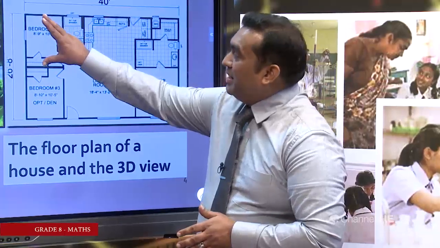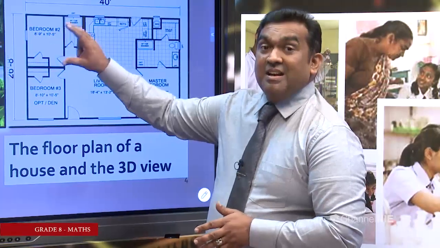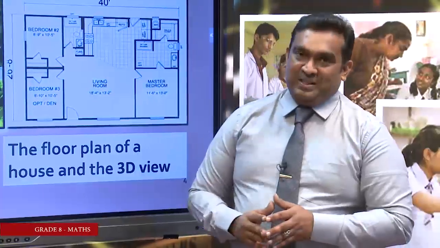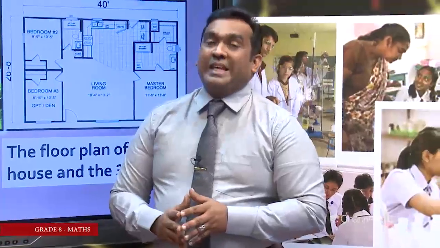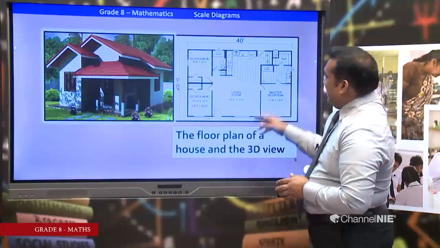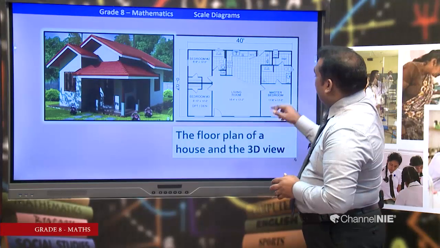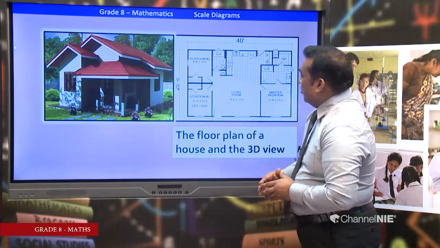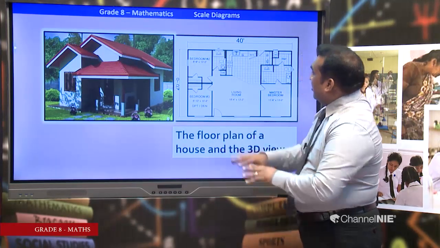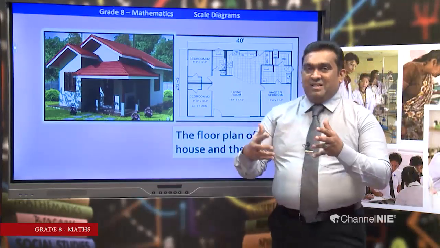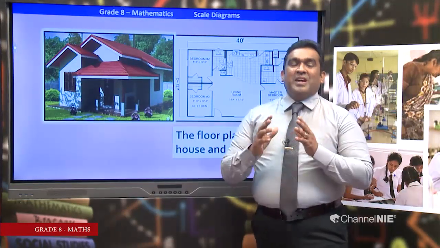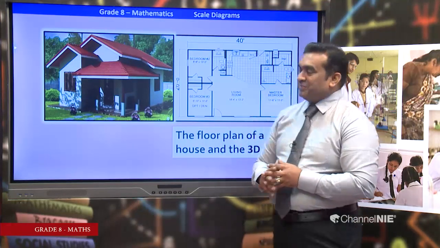Therefore, the actual length is decreased by this diagram. This is also an example of a scale diagram. Living room, master bedroom, bedroom number 3. Likewise, all the locations have been decreased according to actual measurements.